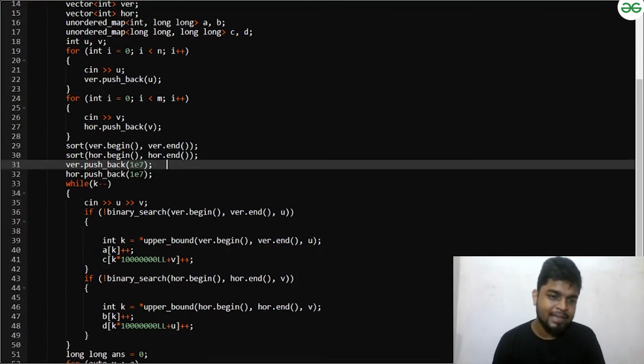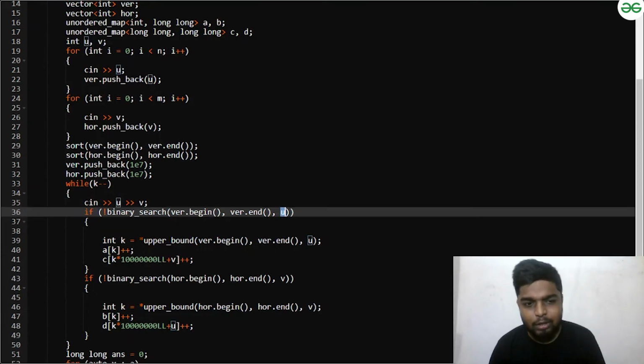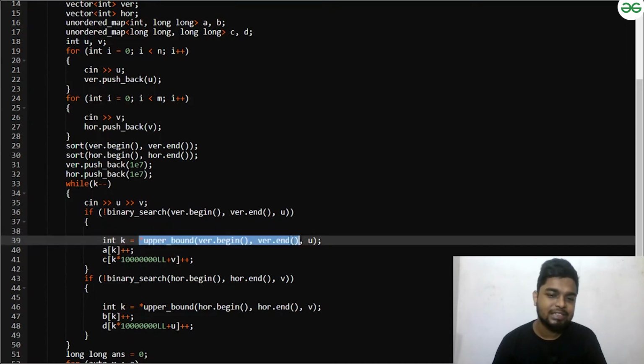So you will take all the k points as inputs, and you will take the pair u comma v. Each time you will take input u comma v as a pair, and then you will do a binary search for both vertical and horizontal streets. So in the vertical streets, for that particular pair, you will find a k such that it is the upper bound for u.